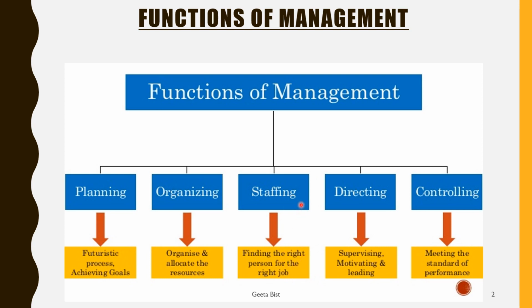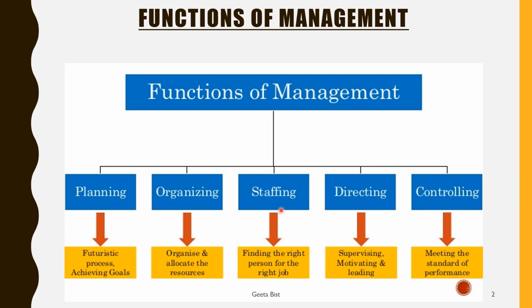Once we come to this stage where we already are aware about the plans and we have set our goals, then we have already organized the resources, created the job positions, and also created the authority responsibility relationships. We come to staffing as a function whereby through the staffing process we hire the right person for the right job.